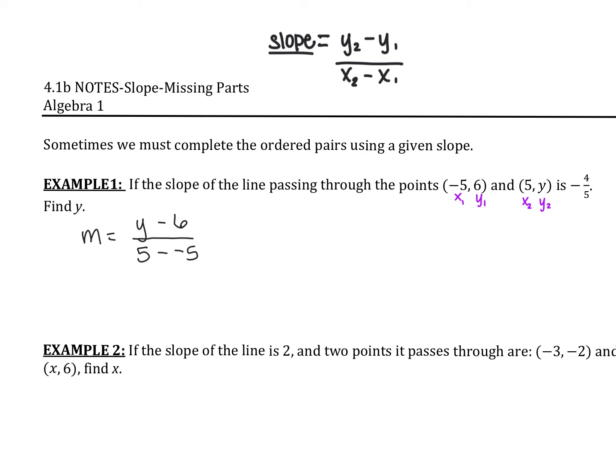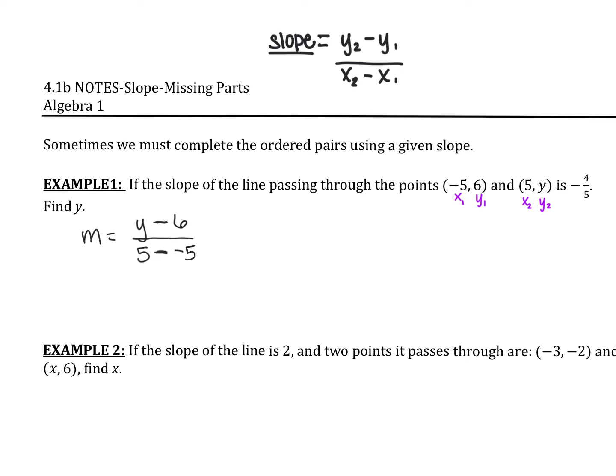Remember, this can be a little bit tricky because we have to remember the formula says minus. This minus right here is part of the slope formula. And then the x1 happens to be a -5 as well. So I also need to include a negative with that 5.